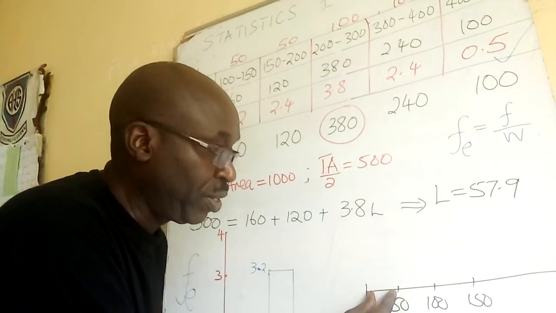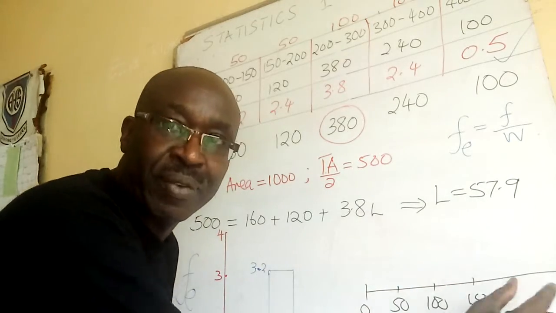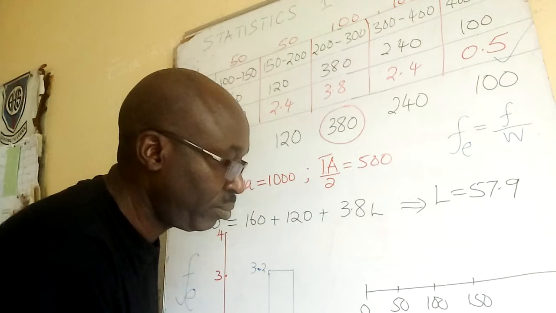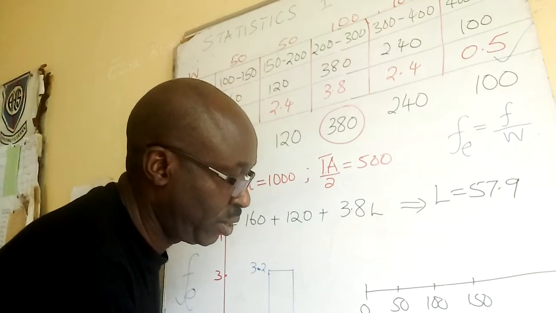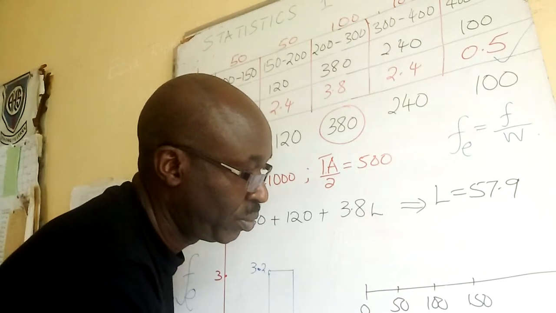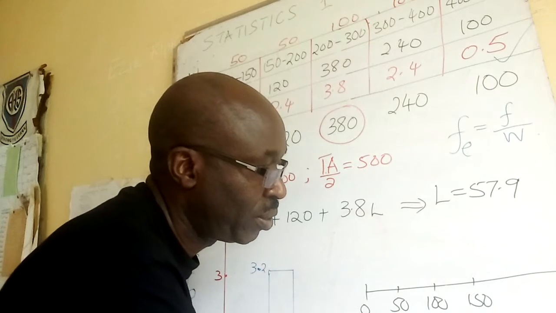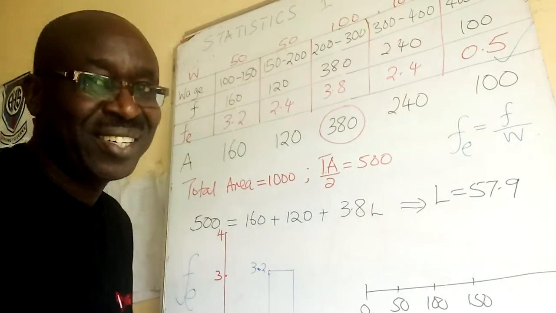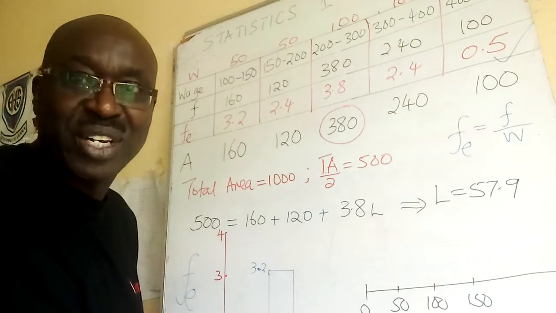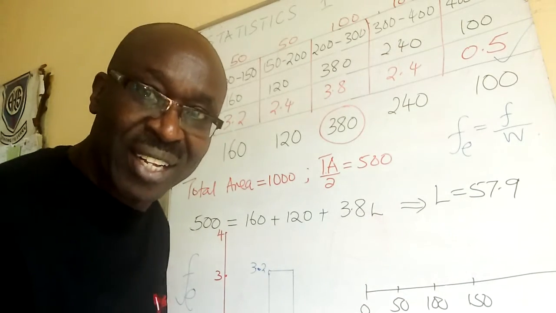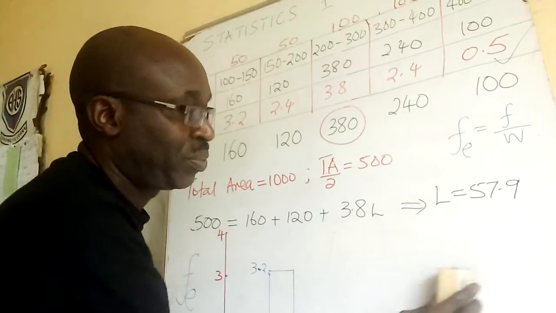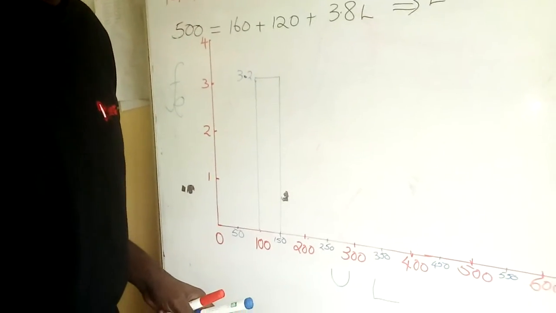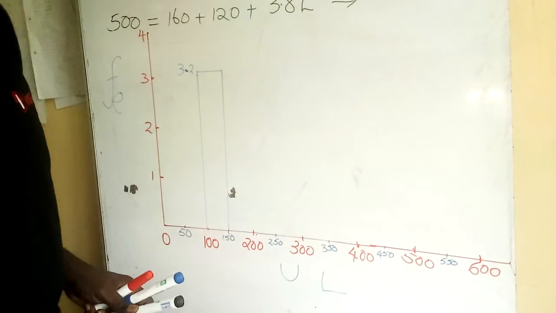Each gap is 50, 50, 50, 50, 50. Another student is choosing 0, 100, 200, and so on. Very correct. You can see the 50 is contained in this. Now, let us go. I'll just guide you. So what does it mean? What are we required to do next?